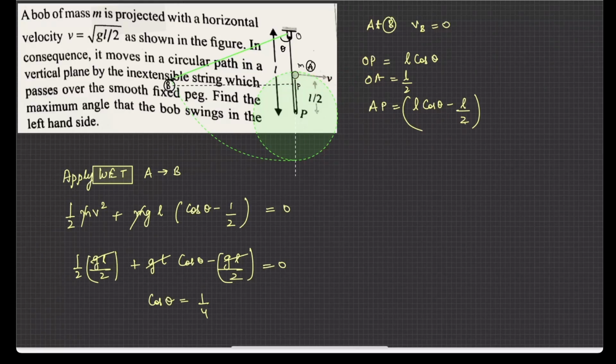So this x will be, so if we take this is my l plus l/2, so l plus l/2 cos theta comes out to be this value.